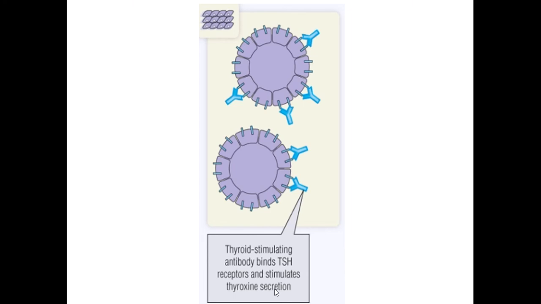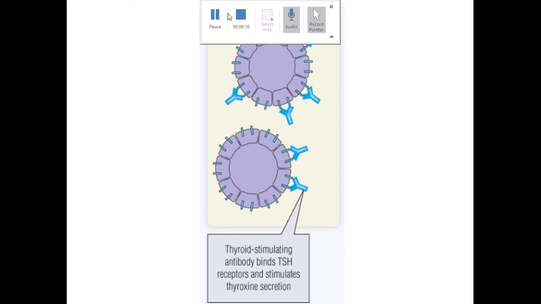So when the antibody binds to the receptor, it's going to stimulate the thyroid gland to produce more of thyroxine and more of that particular hormone.